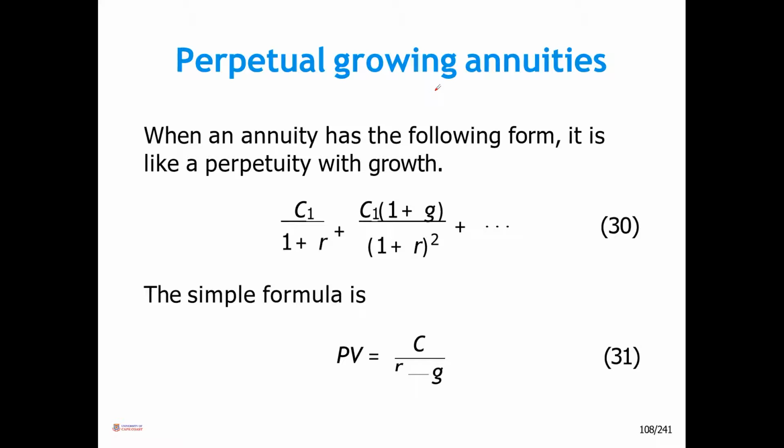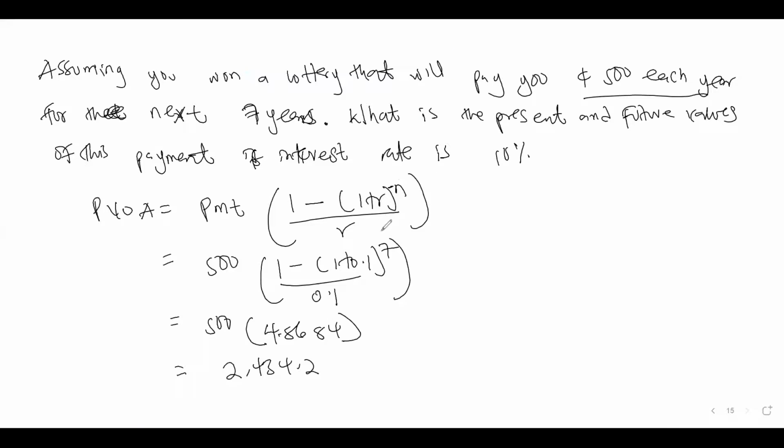Sorry, negative n here. Somebody drew my attention. So when you punch everything in the bracket, you get this. This thing you are used to. This one we did even before growing annuities. Then the future value of ordinary annuity.